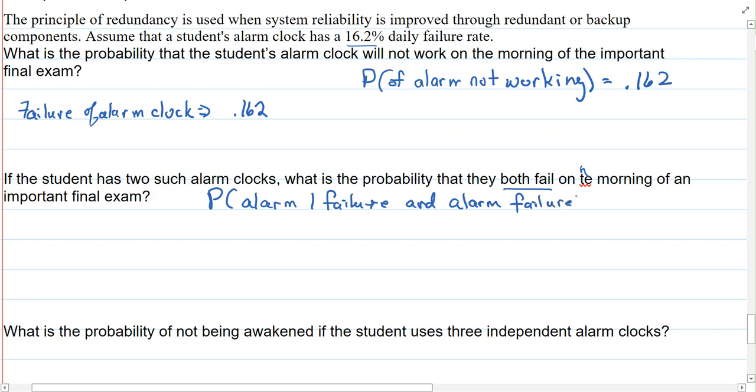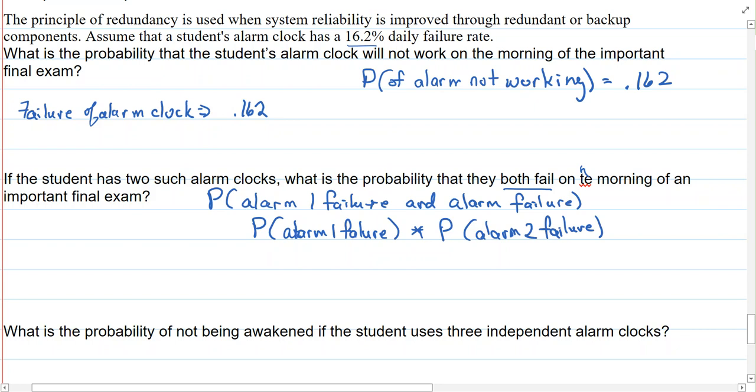So we're saying, okay, what's going to happen if both of them fail? Both. So we want the probability of alarm one failing times the probability of alarm two failing.